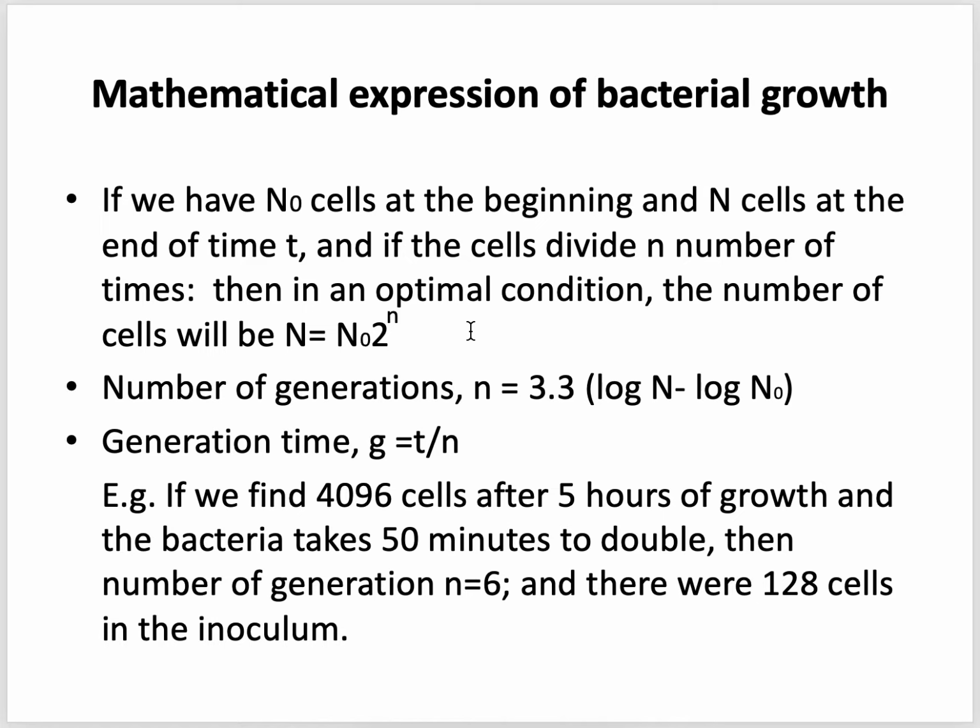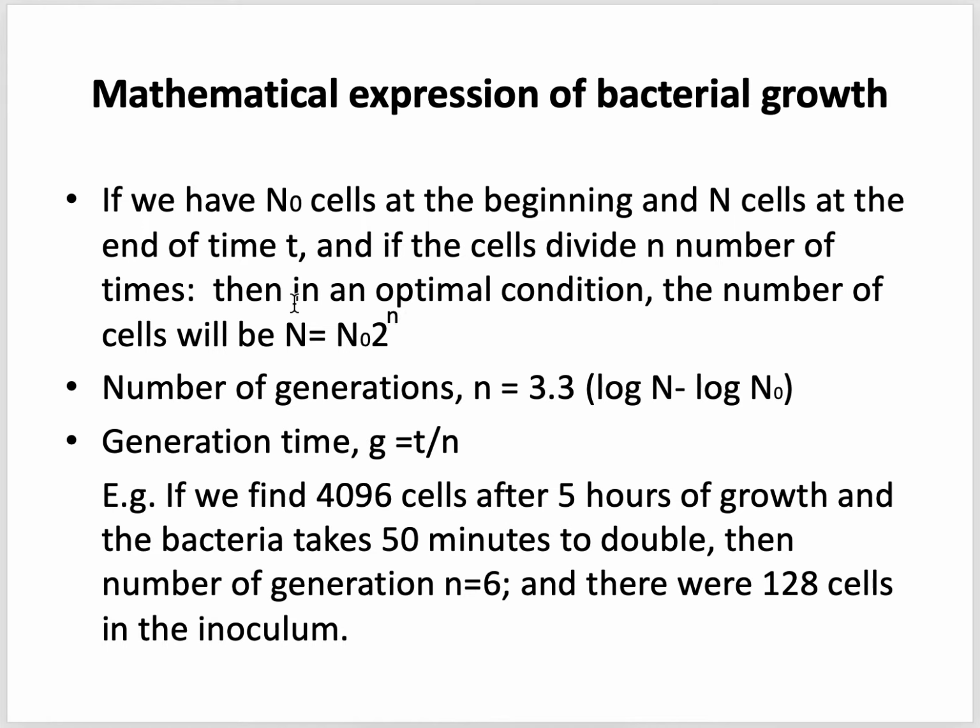In this equation N equals N0 2^n, N0 is the initial number of bacterial cells, N is the number of cells after time t, and small n represents the generation. If n is 2, it means 2 generations. If n is 9, it means 9 generations.